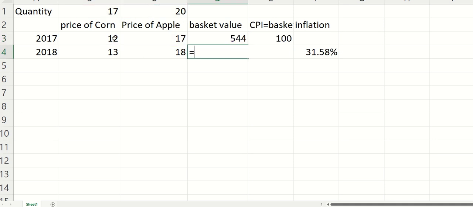And this one is 13 times 17 plus 18 times 20. Let me change this one too. So 544 divided by 544 times 100, and drag it down. Sorry, this should be 544. Okay, drag it down. There, so the answer is 6.8%.